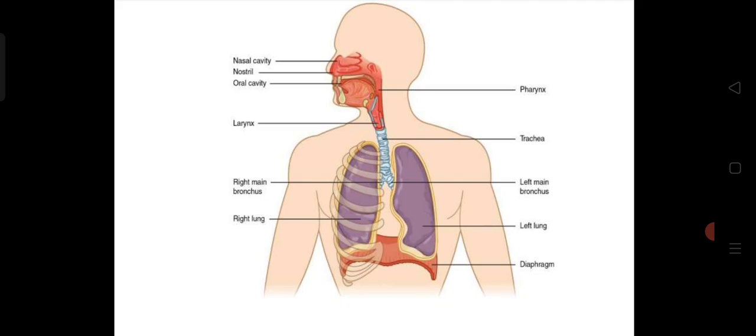After the nostrils there is the nasal cavity. After that comes the pharynx, then the larynx, and then the trachea. After the trachea, you can see the purple colored part in the figure. Those two organs are the lungs.